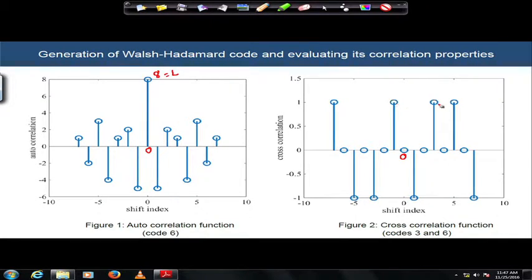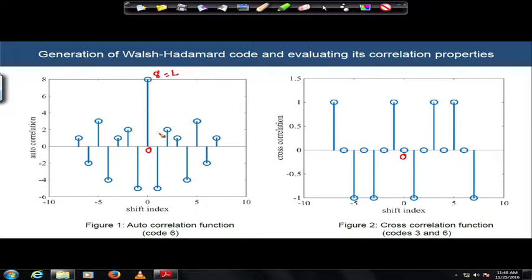And when I say very good cross correlation properties, it means it should have a 0 value at lag 0, and it should have low values around this 0, that is for positive shifts and negative shifts. So here there is some kind of a cap on those cross correlation values. We see that they don't go beyond 1, which is good, and so this is a pretty good code to be used both for synchronization as well as in a multi-user scenario, because it has fairly good autocorrelation properties.